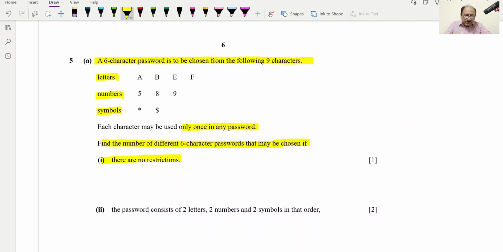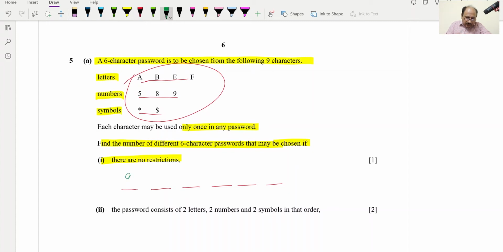So no restrictions, we can take 6 places, 1 2 3 4 5 and 6, and without any restriction we'll be having 9 options to choose from.